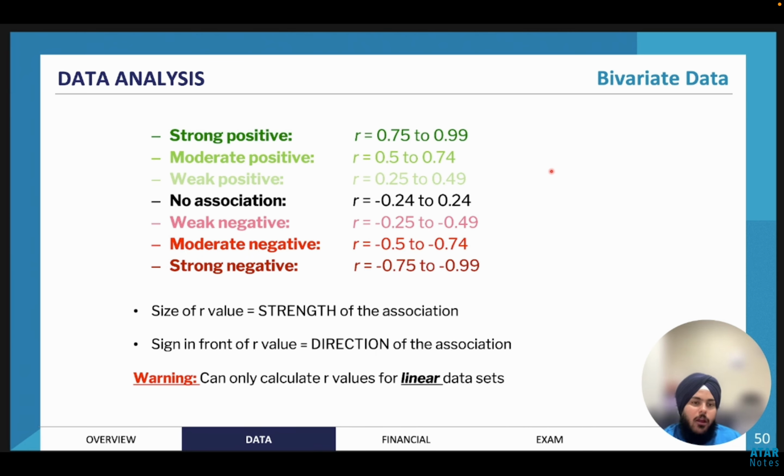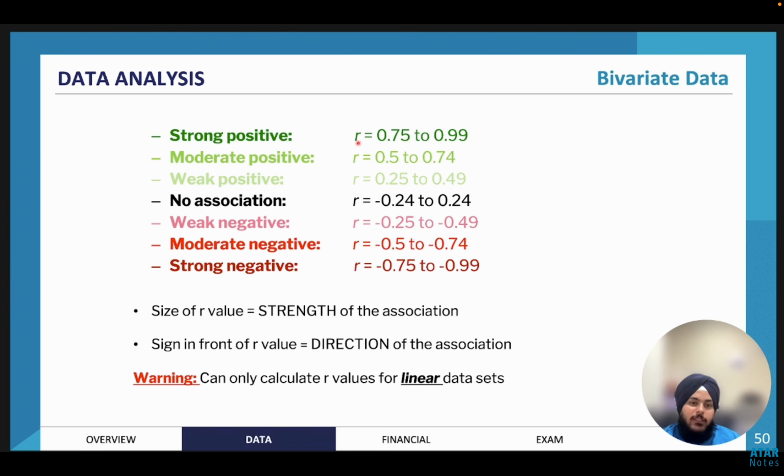Okay, so here is just a guideline of how you may describe the association. You might say that there is a strong, moderate, or weak association, and then in terms of the direction, you might say that it is positive or negative, or that there is no association in some cases. If the R value is between positive 0.75 and 0.99, it's a strong positive relationship.